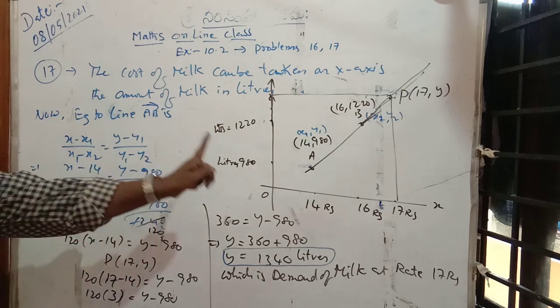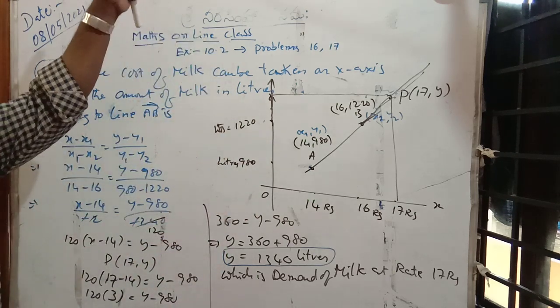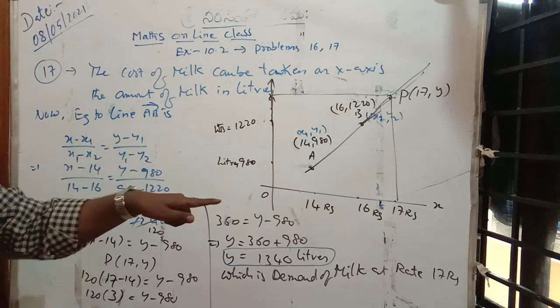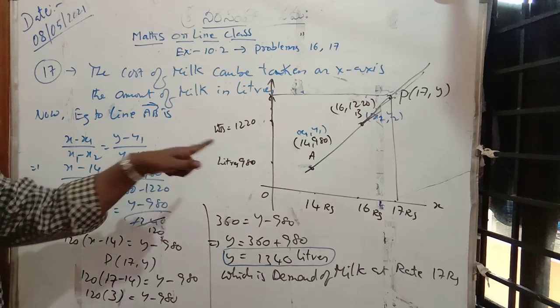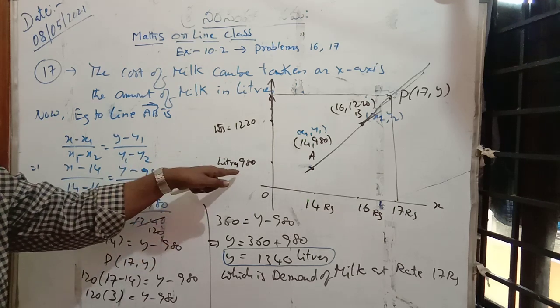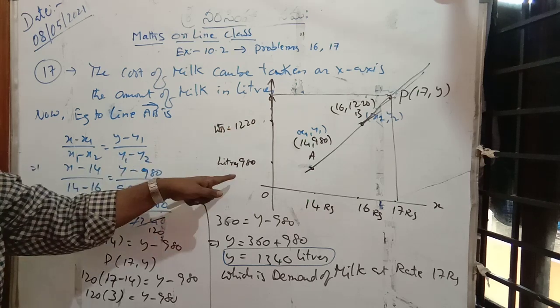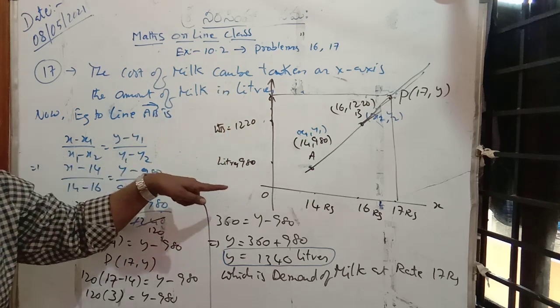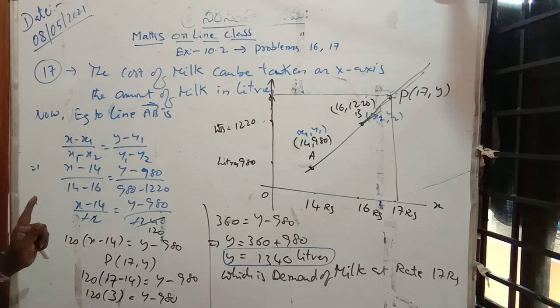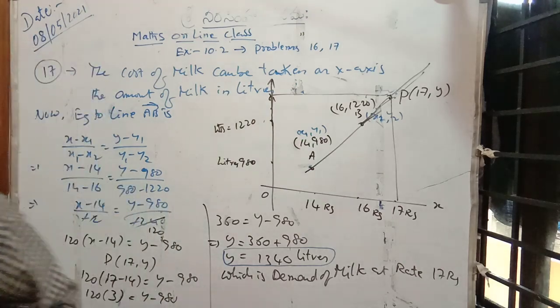That means if the demand is increased, like that we have to take. But here, while we are solving the problem, we will take like that only. The earlier amount of liters is 980, which means demand is very less. Here it is increased. Demand is increased, automatically cost will be increased. That is the concept. Okay, is it clear? Yes.